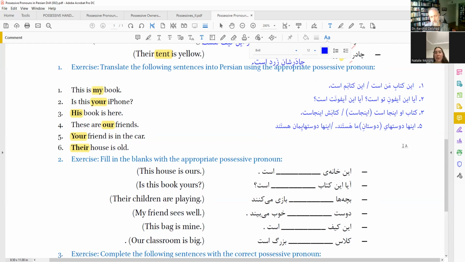Number 6. So, their house is old. The word for old, you could use "kohne." That's this word that I shared for you. Or if you want, you could use the word "qadimi."